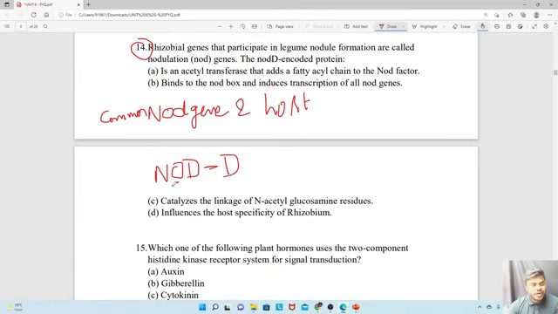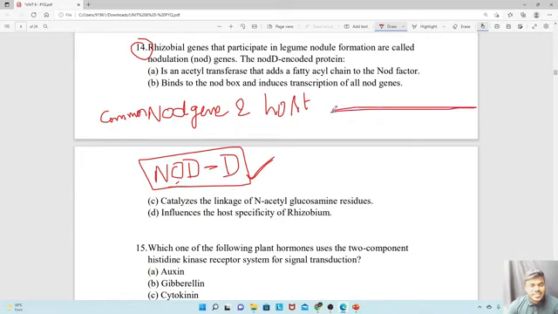We call it the nodD gene. First in the bacteria, the nodD gene gets activated by chemoattractants like flavonoids and betaines. Once the nodD gene is activated, this is the gene which can code for common nod genes and host specified nod genes.